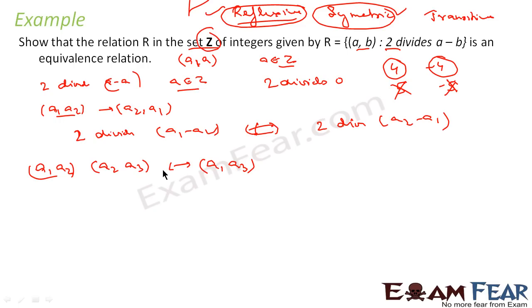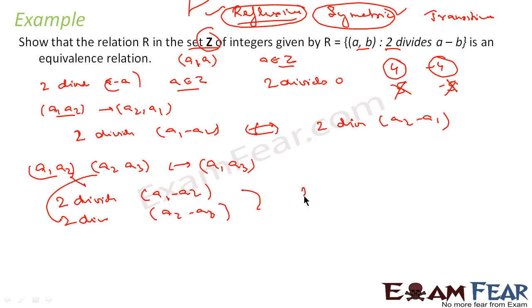For example, if 2 divides a1 minus a2 and 2 divides a2 minus a3, then by default it implies 2 divides a1 minus a3.